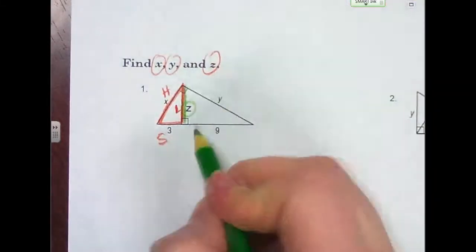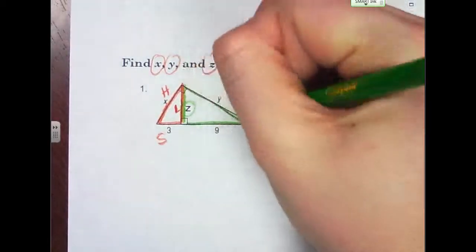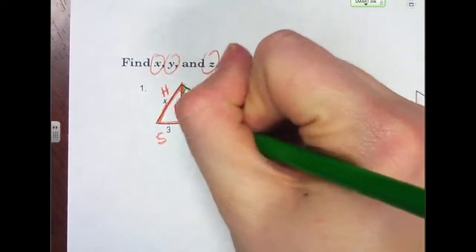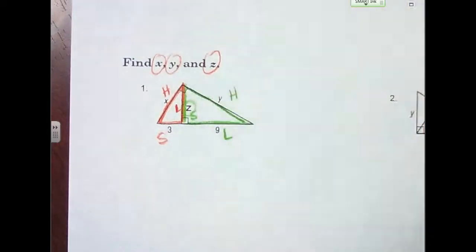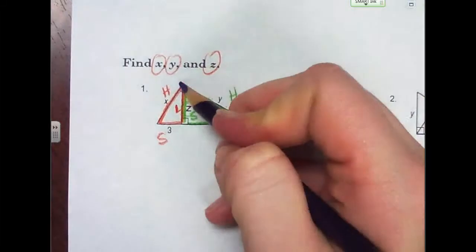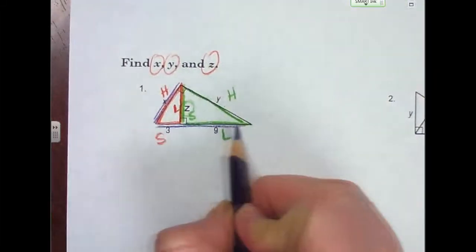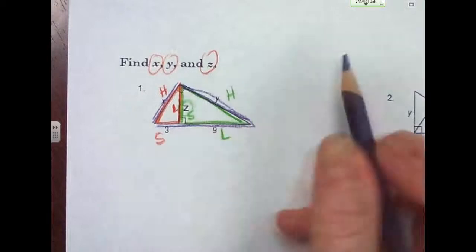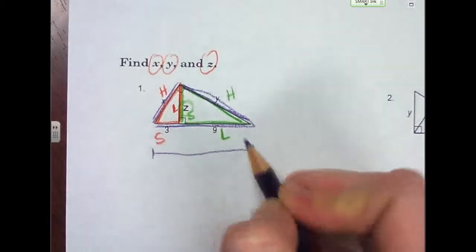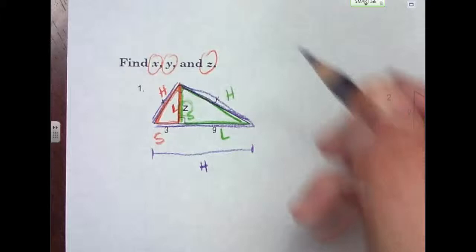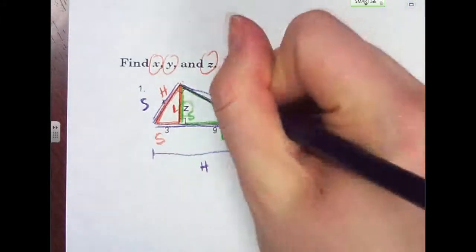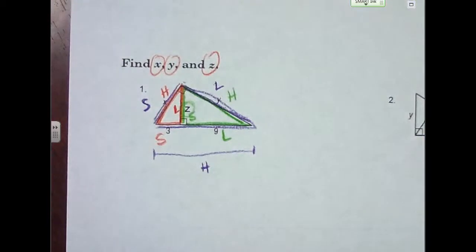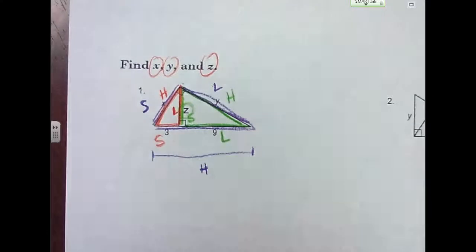In this medium-sized triangle, the small side is z, the long side is 9, and the hypotenuse is y. In the whole triangle outlined in purple, from here to here is the hypotenuse, this side over here is the small, and this side is the long. So you can see it can get kind of confusing with all your small sides, long sides, and hypotenuses. Okay, so let's start with just the z.